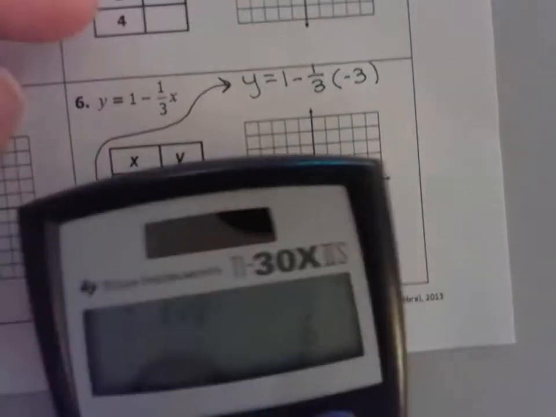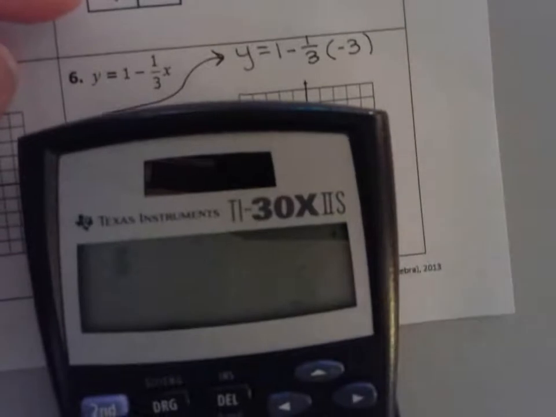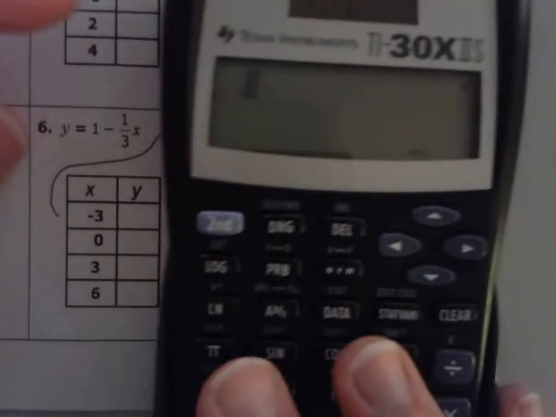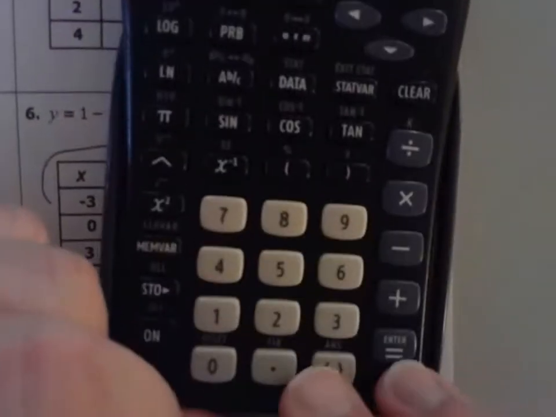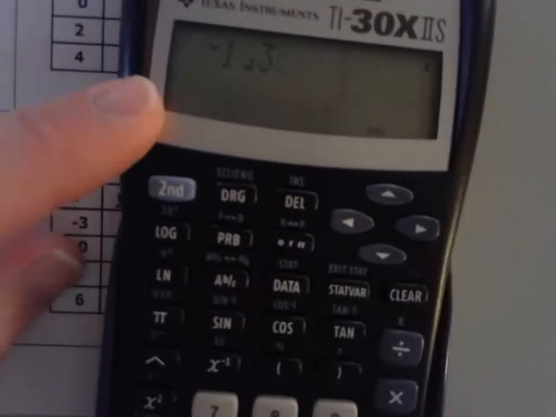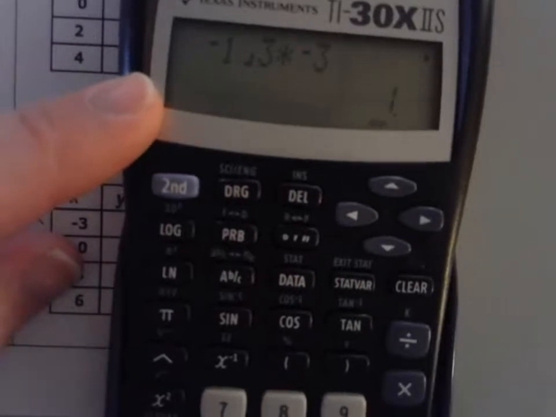It's not really anything different. So when you look at this, you have to take the negative with the 1/3. So when you plug it in your calculator, it's going to be a -1/3 times a -3. So use the negative button left of the enter sign. So -1 ABC button 3. So -1/3 times -3, which is 1.